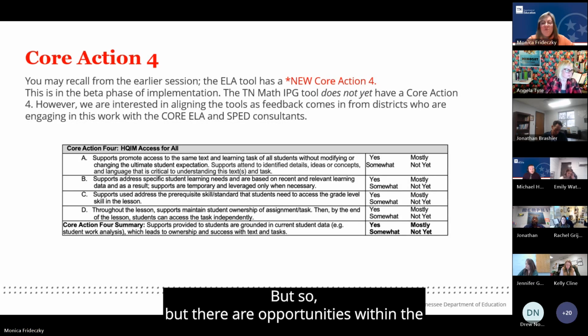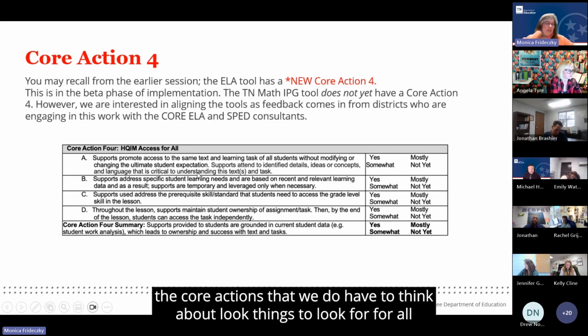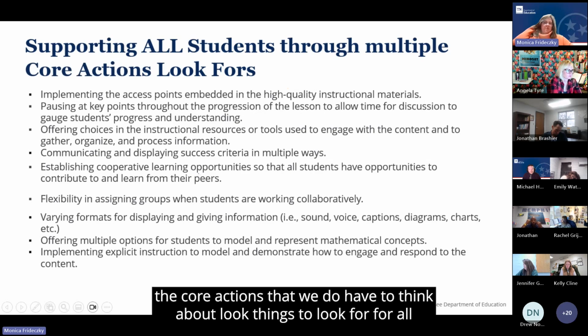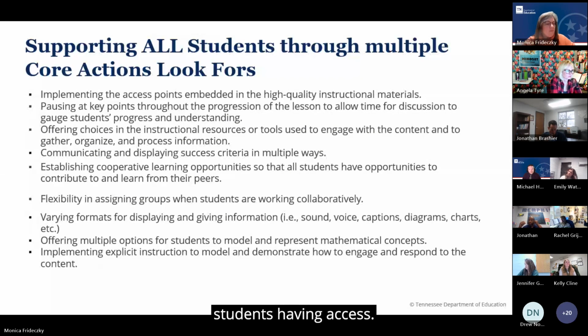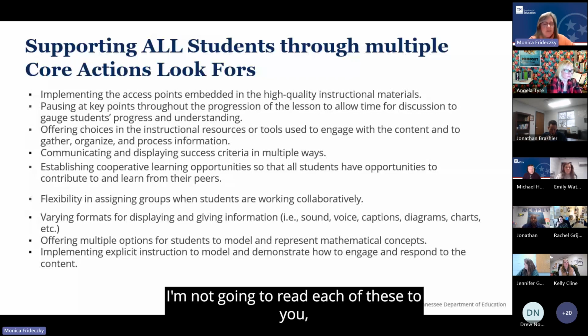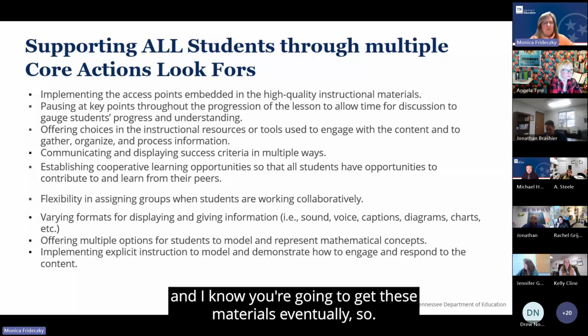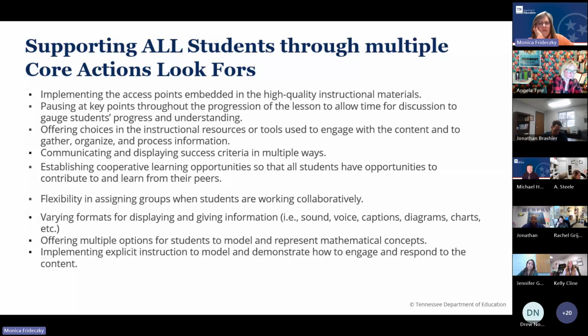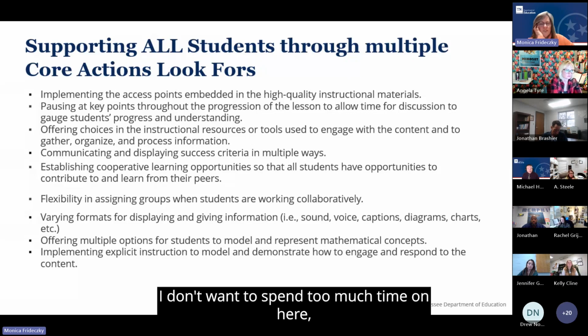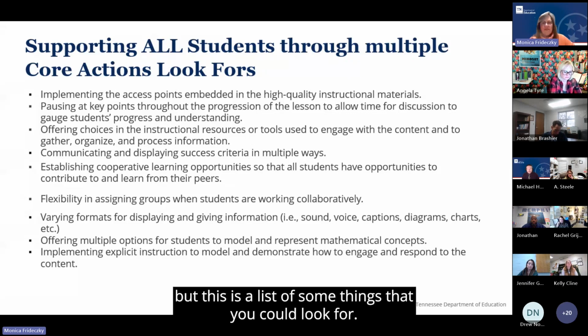But there are opportunities within the core actions that we do have to think about things to look for for all students having access. I'm not going to read each of these to you, and I know you're going to get these materials eventually, so I don't want to spend too much time on here, but this is a list of some things that you could look for.